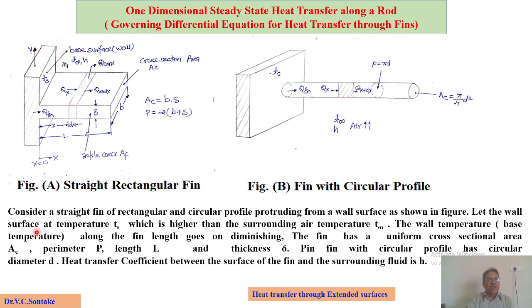Okay. Now what happens? This base surface is at temperature Ts, and when the fin is attached to this base surface, whether a straight rectangular fin or circular profile fin, the temperature of the fin at the base, it is also called the root of the fin.